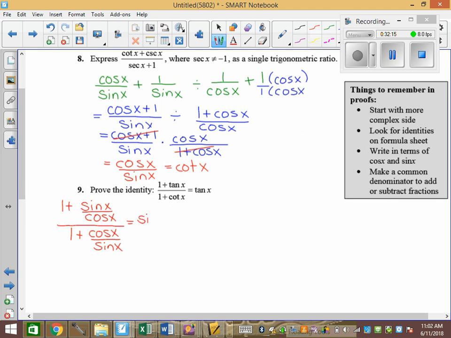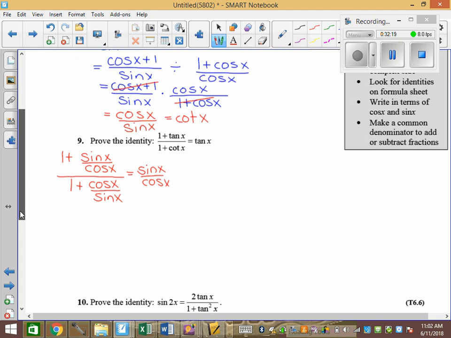It's a lot easier if you write them side by side. So tan x is sin x over cos x. So I'm going to write this as 1 plus sin x over cos x divided by 1 plus cos x over sin x. I cannot flip anything because I have partial fractions on both sides of this division symbol. And until they're a full fraction, I can't do anything with them.